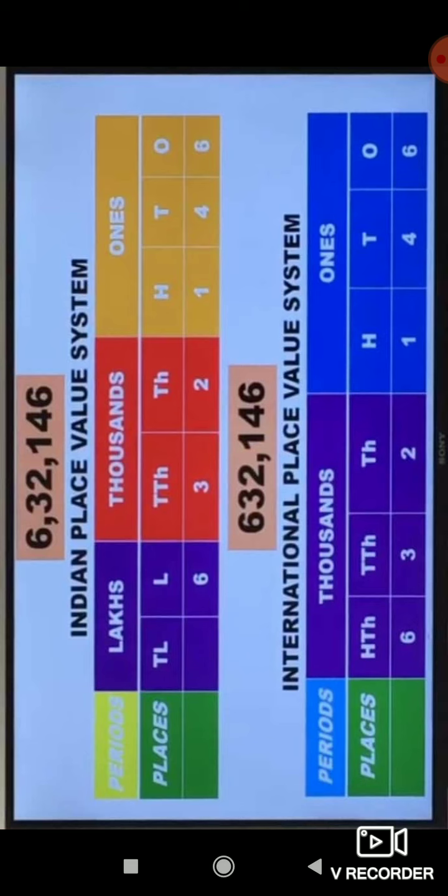While in the Indian place value system, only the last 3 digits form one group and then every remaining 2 digits form a group. While in the international system of numeration, every 3 digits from the right form a group.